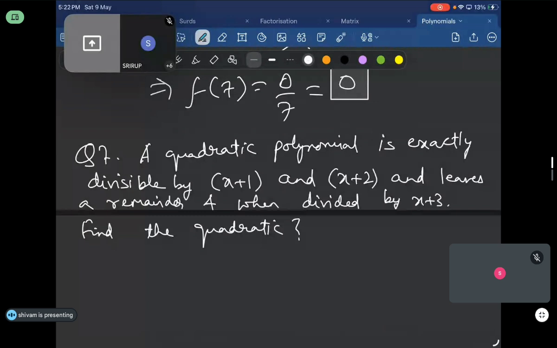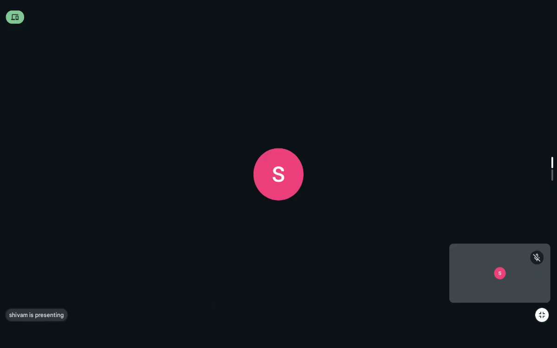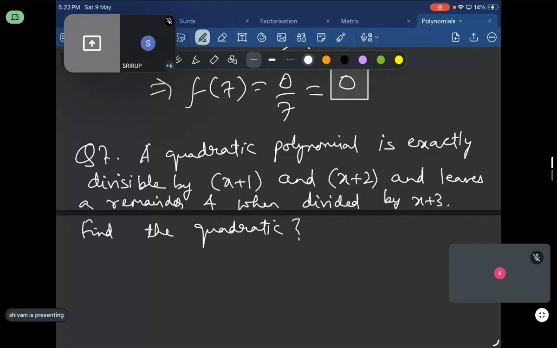Shirup, I hope that is a plus sign in between. Yes, sir, that's a plus. Sure. Correct.